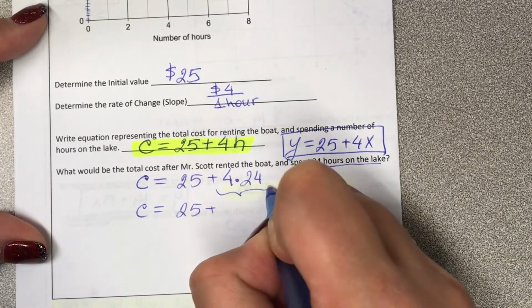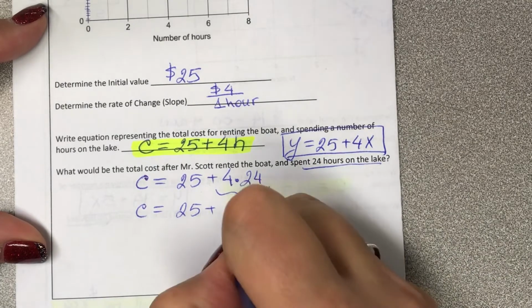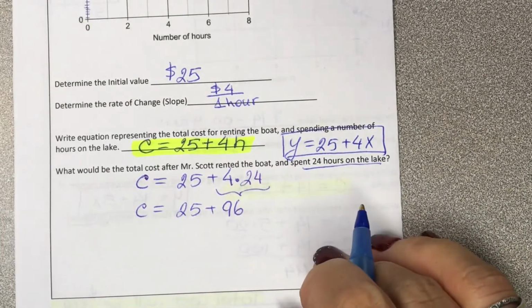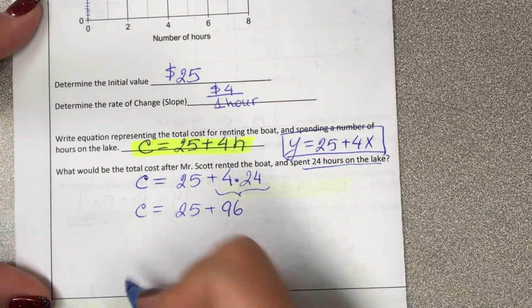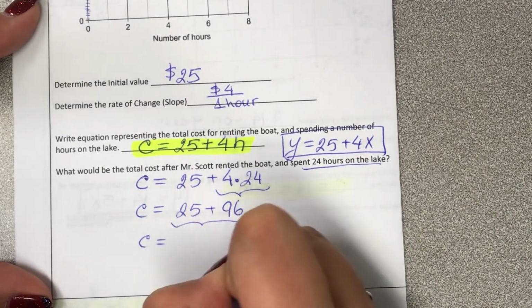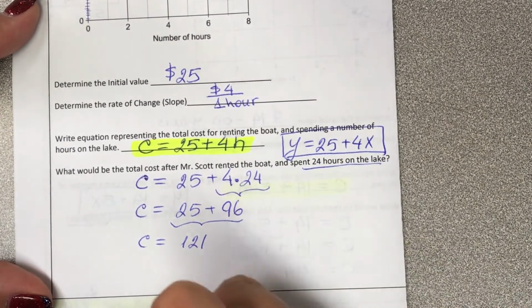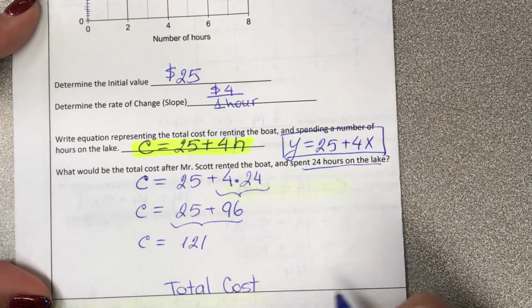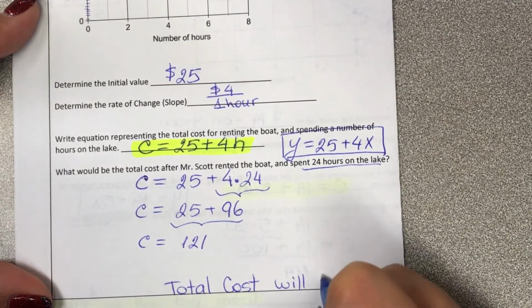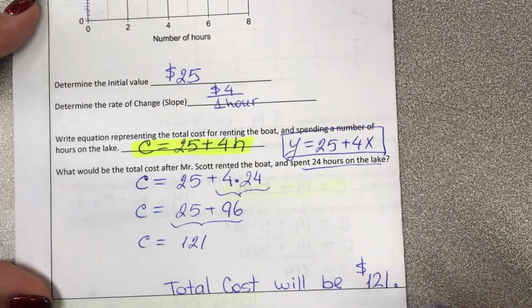Multiply 4 times 24, and that would be 96. And then the cost will be adding 25 plus 96, $121. So the total cost will be $121.